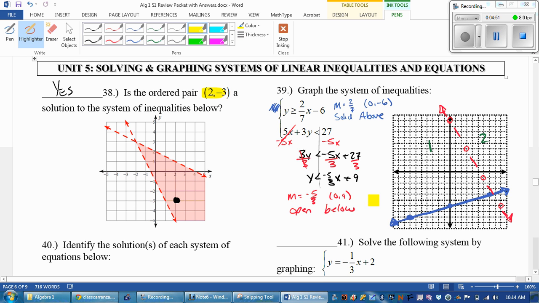I need to be below the red line. So below the red line is here, so I can cancel section 2. And the only thing that's going to be shaded in now is, that's right, section 1. And then we just shade it in.